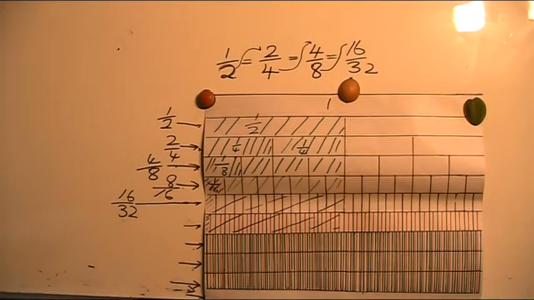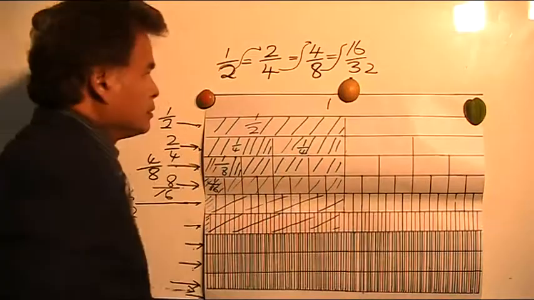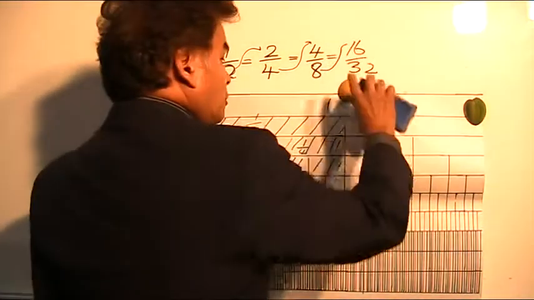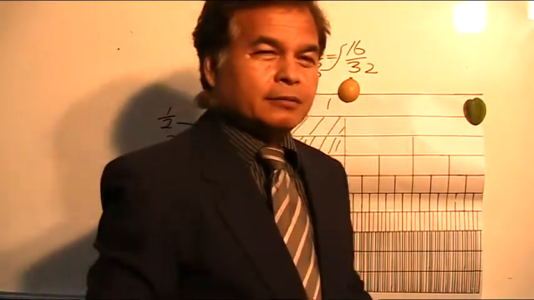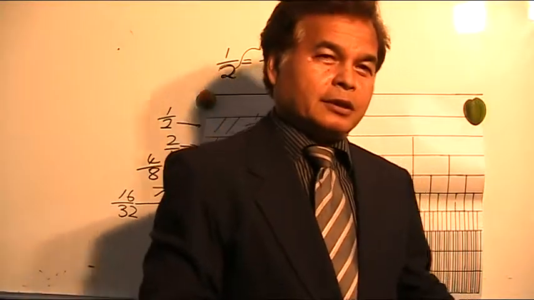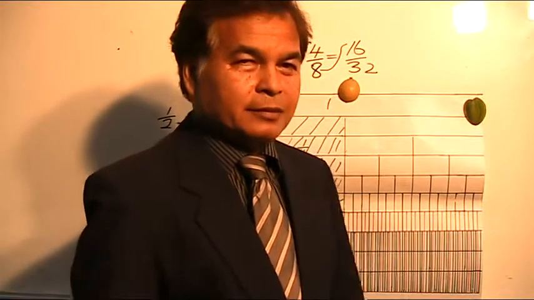Is it true? Supposed to be what? 8 over 16, yes, very good. I heard somebody pointing out the mistakes, in fact, from a few minutes ago. But I just keep quiet, right? Just to let you think.